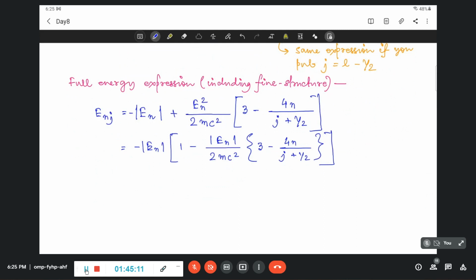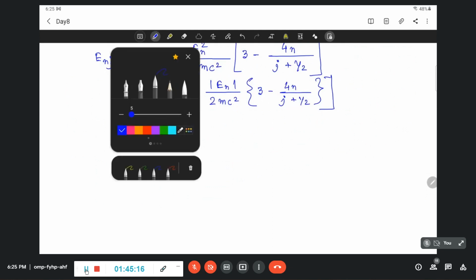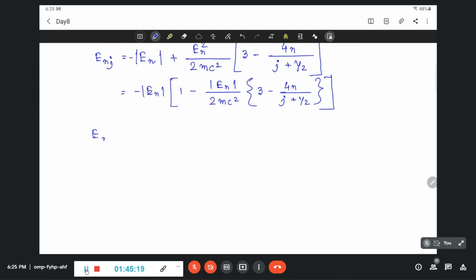So just make it a value. E_nj is nothing but minus 13.6 eV by n squared, which I have written explicitly over here, times 1 plus, and this expression you can reduce to alpha squared by 4n squared multiplied by 3 minus 4n over j plus half.